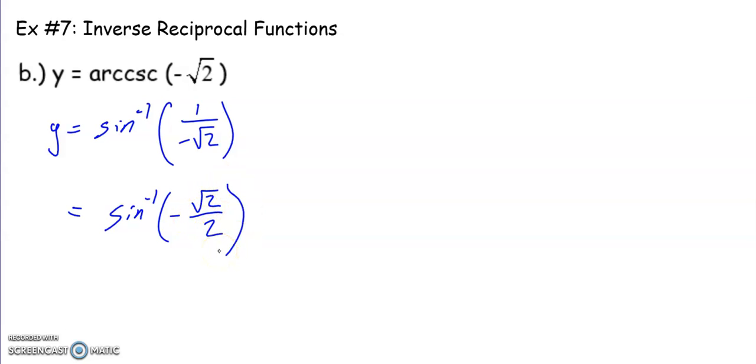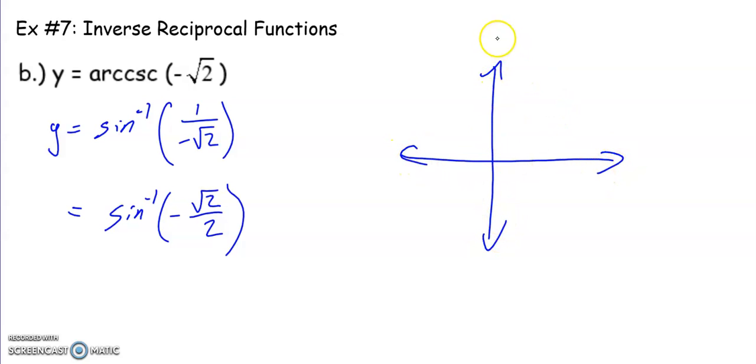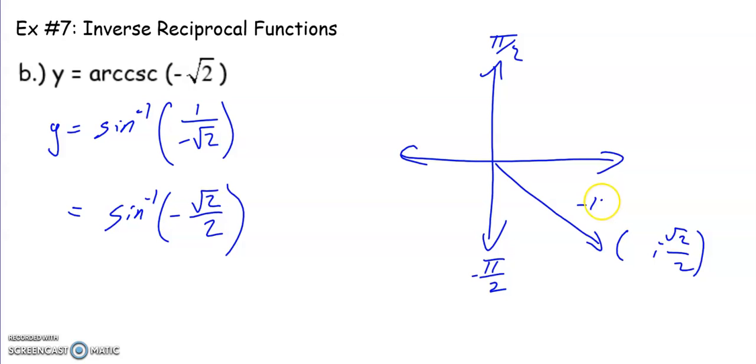Leave the radicand behind. So sine is in quadrant 1 and 4. And we're going to come down to negative radical 2 over 2. And that's going to be negative pi over 4.